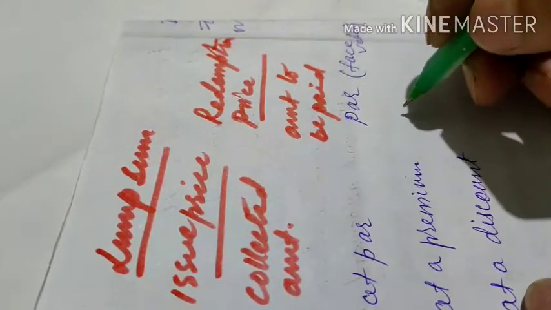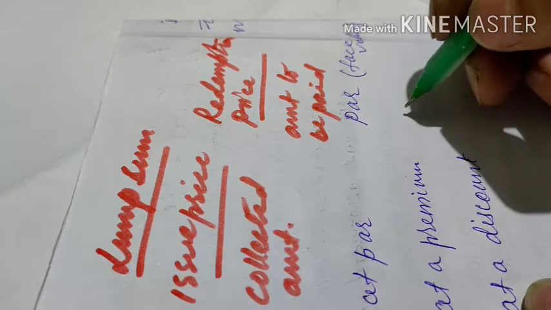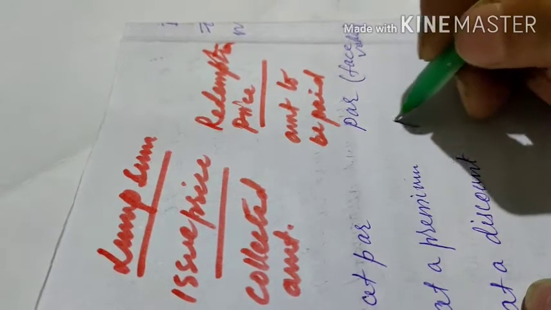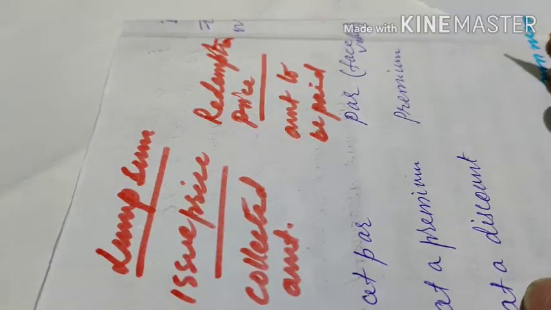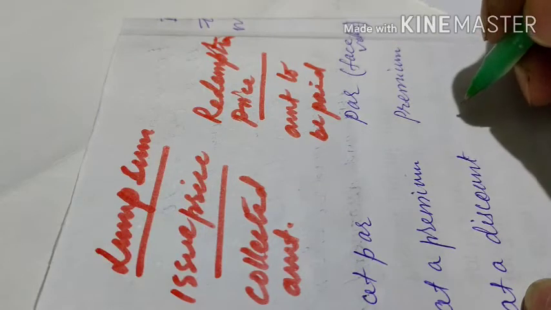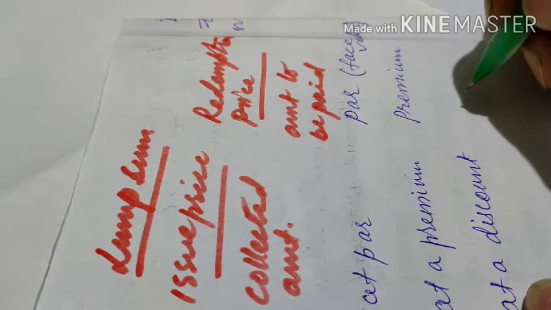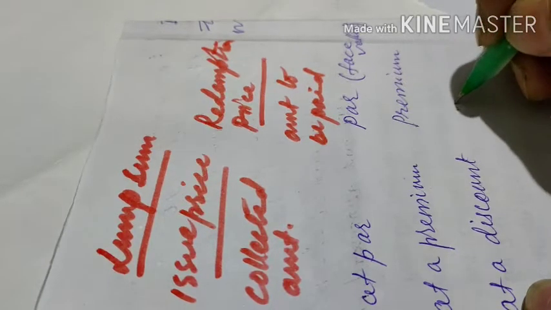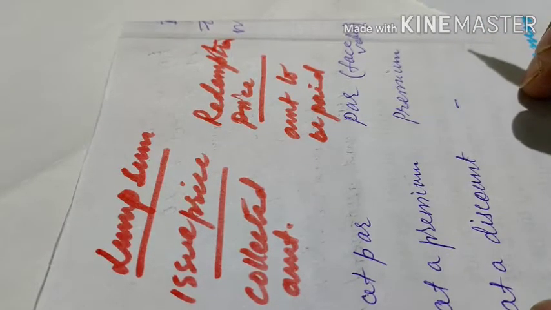Or it may take a decision of paying the amount more than the face value, which means it may pay premium, that means the higher price. But the company is not allowed to pay the amount at a discount. That means it cannot redeem the debentures at a discount. There cannot be discount at the time of redemption of debenture.